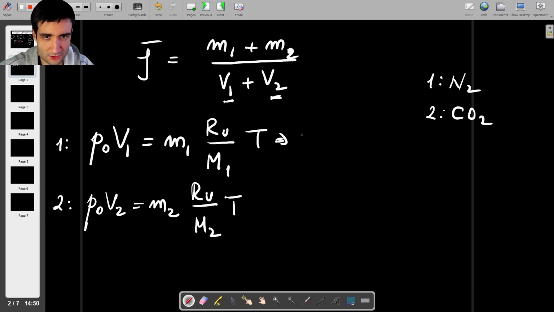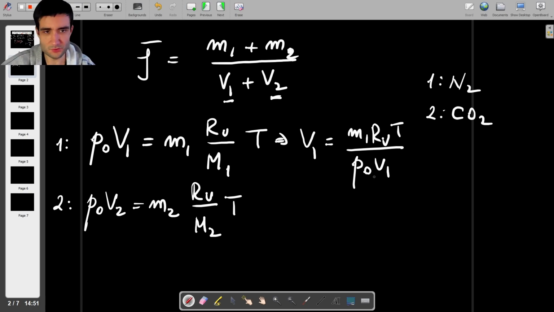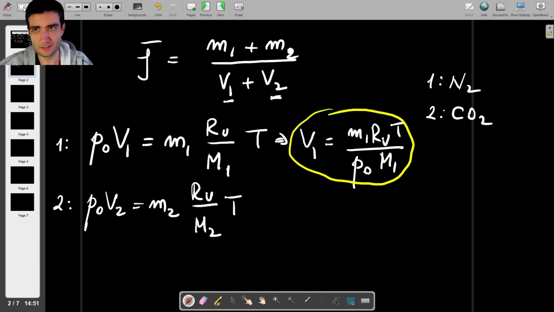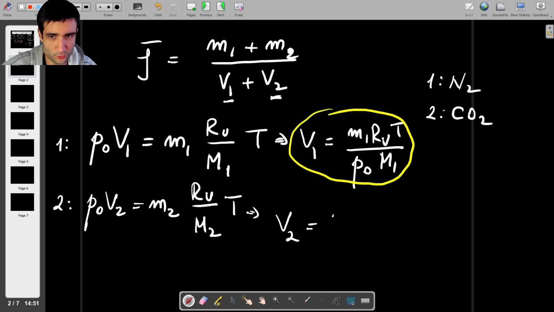From here we can find out what V1 is. V1 is M1 R T over P naught capital M1. And V2 is equal to M2 R T over the same pressure times capital M2.